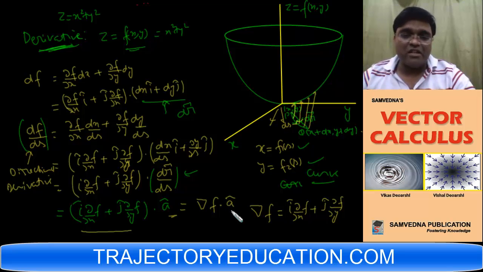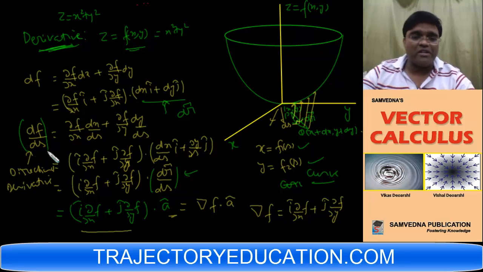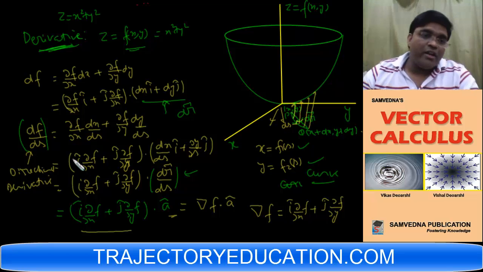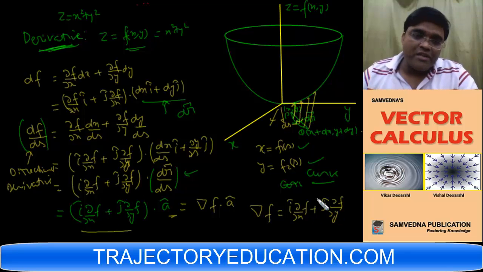This a is the unit vector in the direction in which you want to find the directional derivative, the direction in which you are moving and trying to find out how f is changing. That's why it is called the directional derivative. I'll discuss this in quite some detail later also.